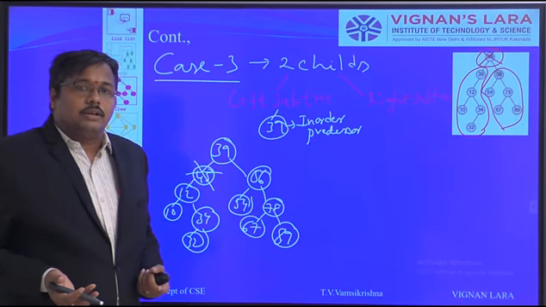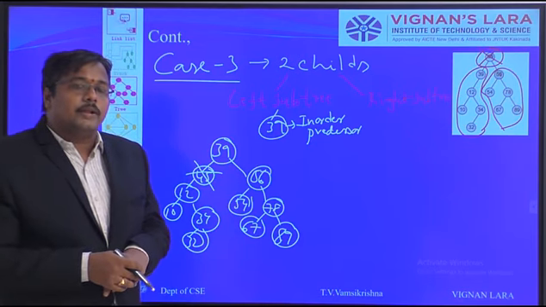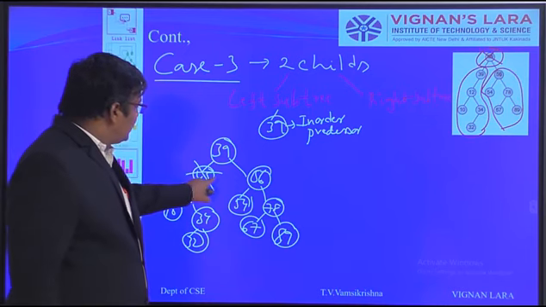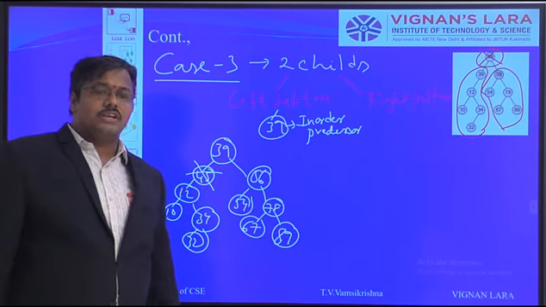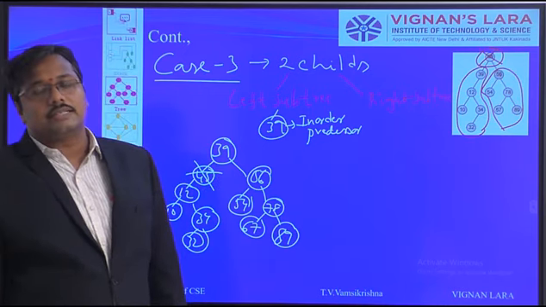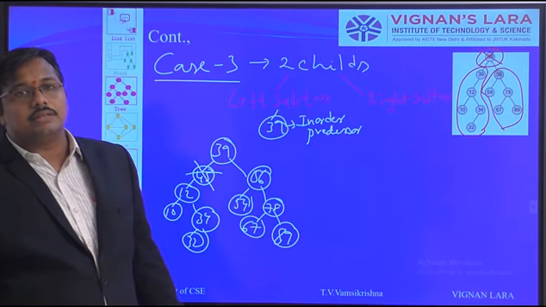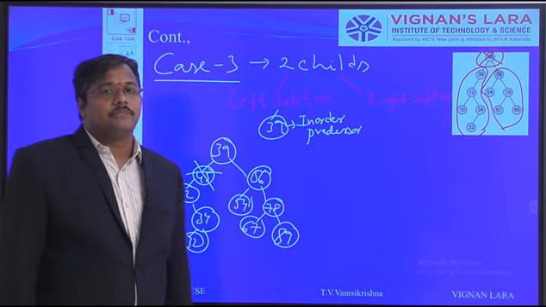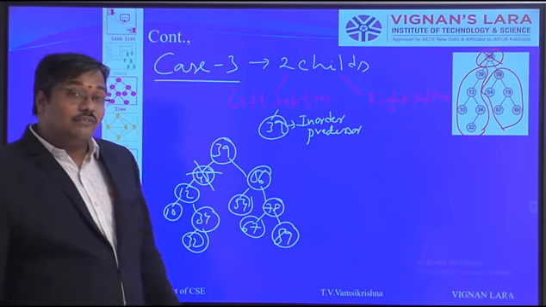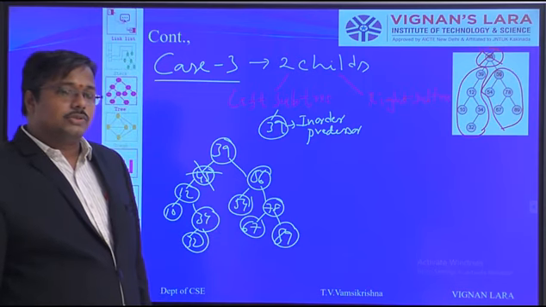Here there is no ambiguity. Why no ambiguity? Because there is only one child, so automatically 12 comes to the 45 position. That is clearly seen in the previous case. So this is the inorder predecessor case.